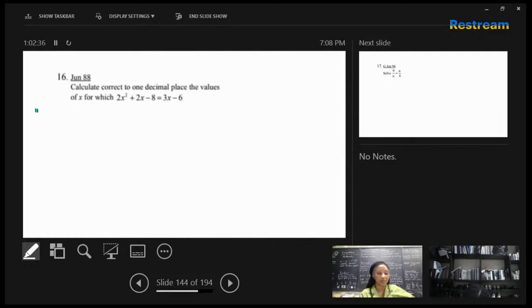Group the like terms: 2x squared plus 2x minus 3x minus 8 plus 6.